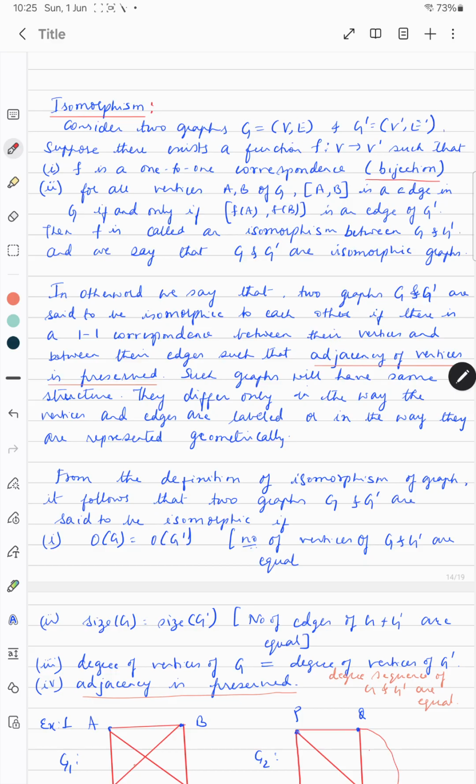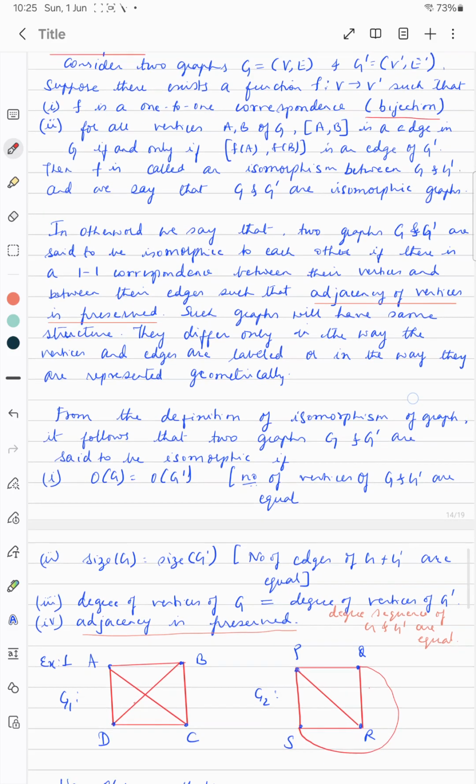Adjacency, not just the vertices; they have the one-to-one correspondence and the edges having the one-to-one correspondence, the adjacency of vertices is preserved. Such graphs will have the same structure. They differ only with respect to how the vertices and edges are labeled in the graphs and in the way they are represented geometrically.